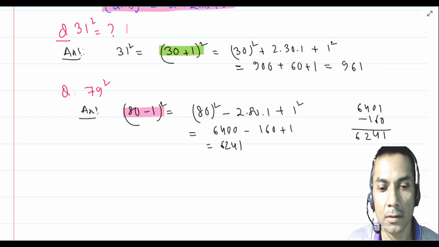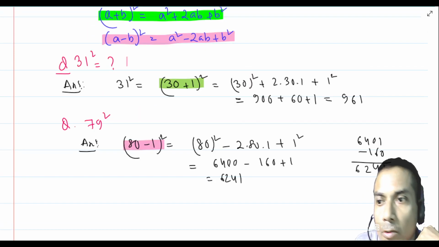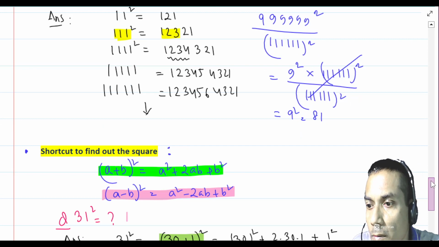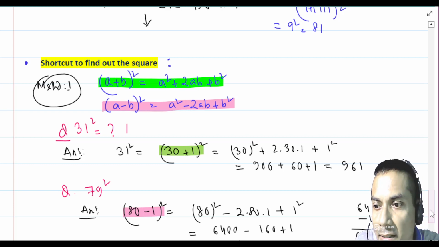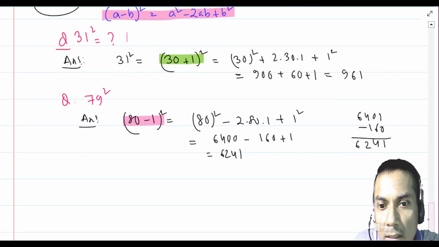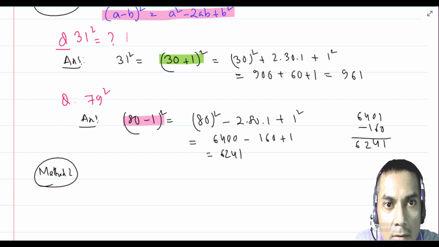So you have learned the first method, by applying the algebraic identity. Next we learn method 2, the second method, that is the diagonal method.